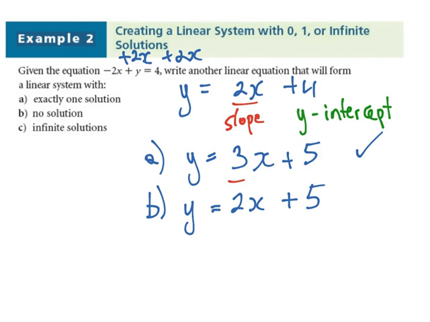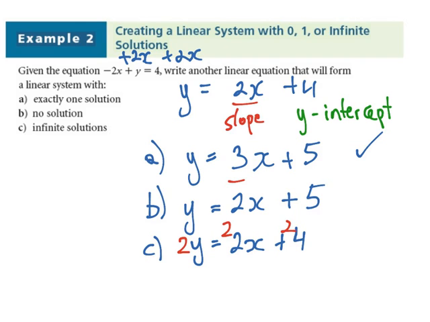What about for part C? Well, for infinite solutions, it has to be the same exact line, y equals 2x plus 4. However, we could double it, we could triple it, we could halve it, and it's still going to be the same line. So in this case, I'm just going to multiply everything by 2.